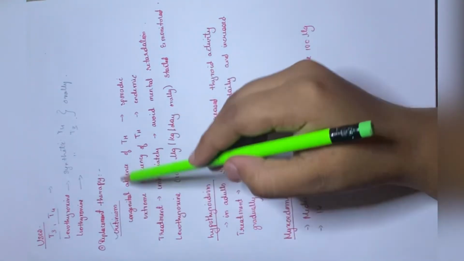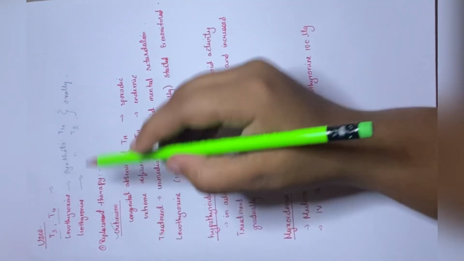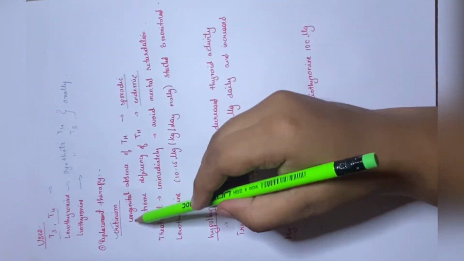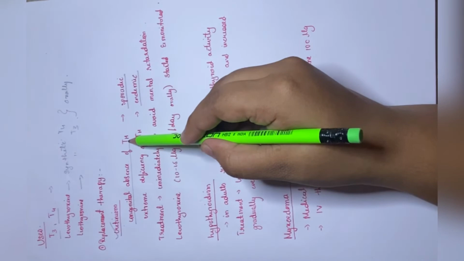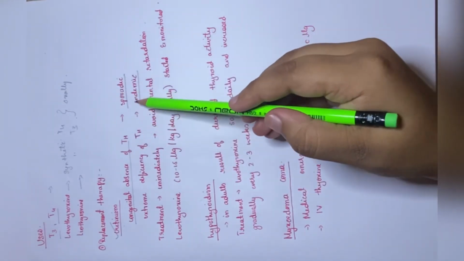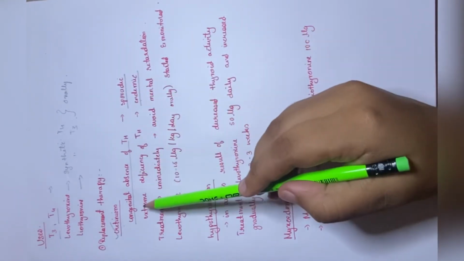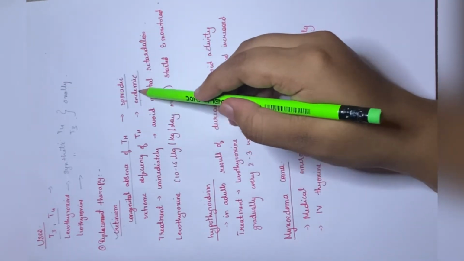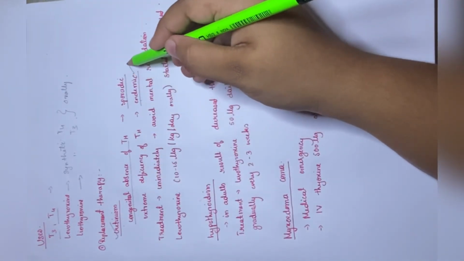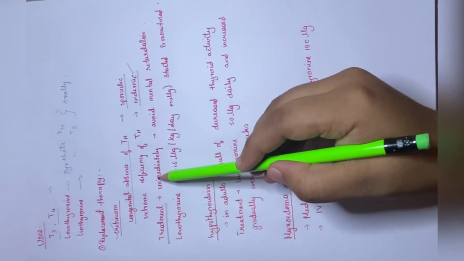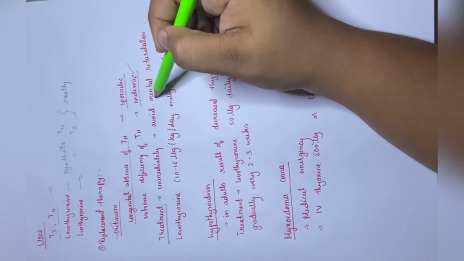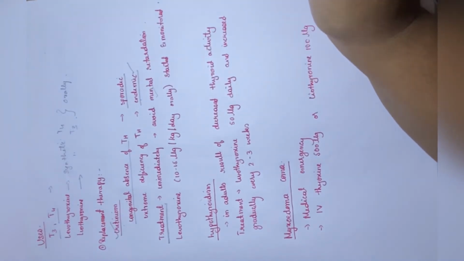There are two types of cretinism, sporadic and endemic cretinism. Sporadic is caused by congenital absence of thyroid hormone synthesis, and endemic cretinism is caused by extreme deficiency of thyroid hormone. Early detection of endemic cretinism is important, and it should be treated immediately to avoid mental retardation in the patient.